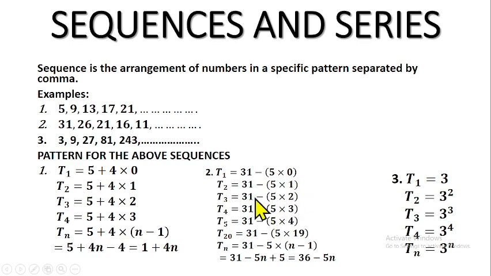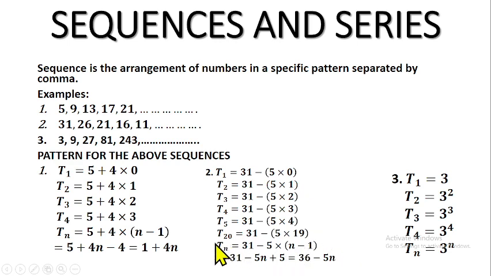Third term, n is 3, 3 minus 1 will give us 2. Fourth term, n is 4, 4 minus 1 gives us 3. Fifth term, n is 5, n minus 1 will give us 4. Then 20th term, n is what? 20. 20 minus 1 will give us 19. So 19 times 5, then whatever we got subtracted from 31 will give us the 20th term.